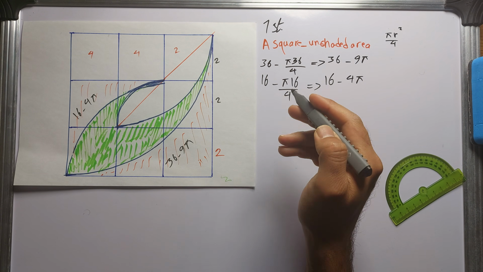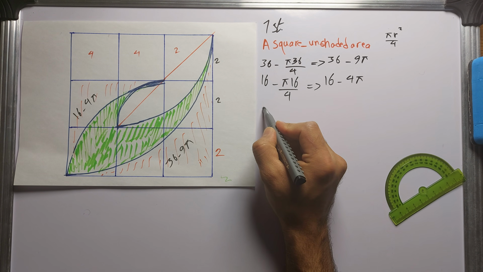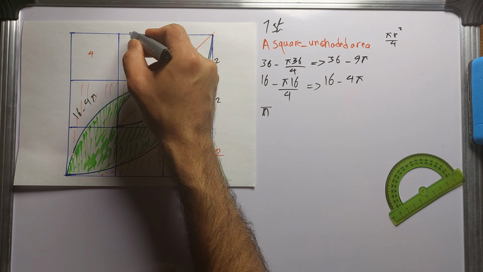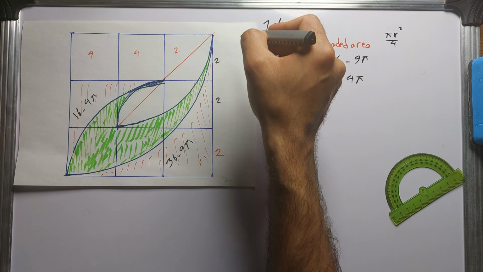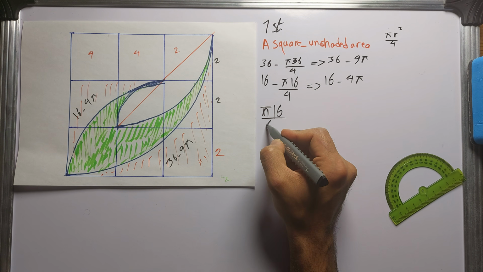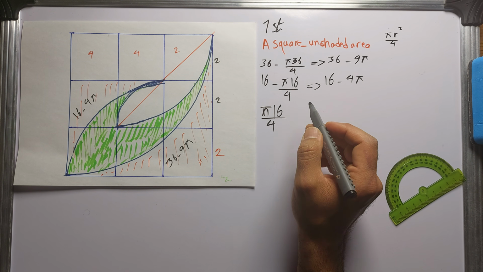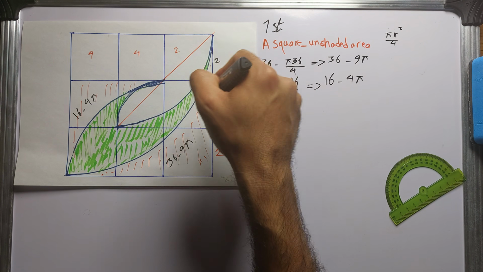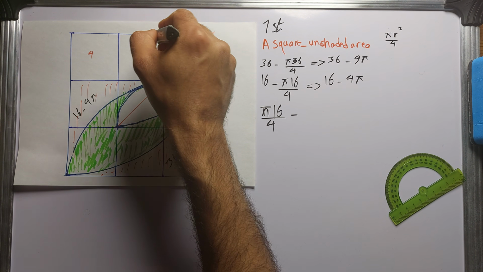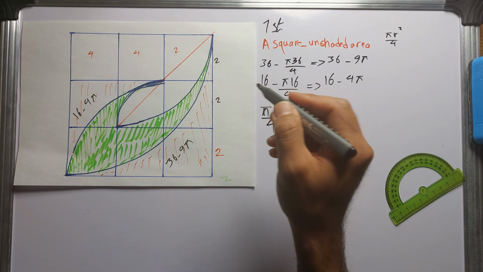The area of this quarter circle is pi r squared. So r in this case is 4. 4 squared is 16 divided by 4, which is just 4 pi. So pi r squared is the area of this quarter circle, minus the area of this isosceles right-angled triangle.